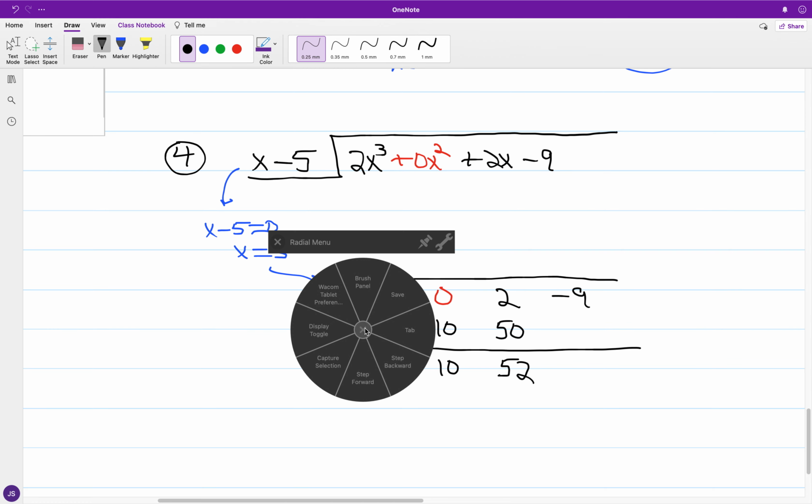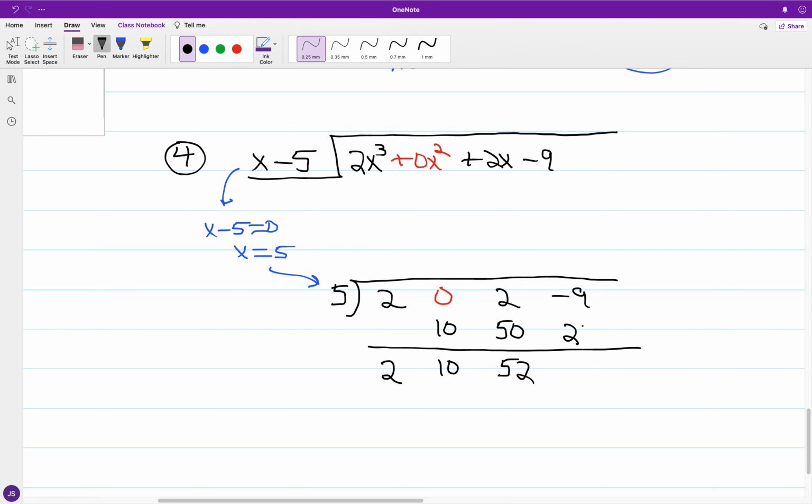And 5 times 52 is going to be 260. Negative 9 plus 260 is 251. And so you're going to have the remainder, that is going to be 251.